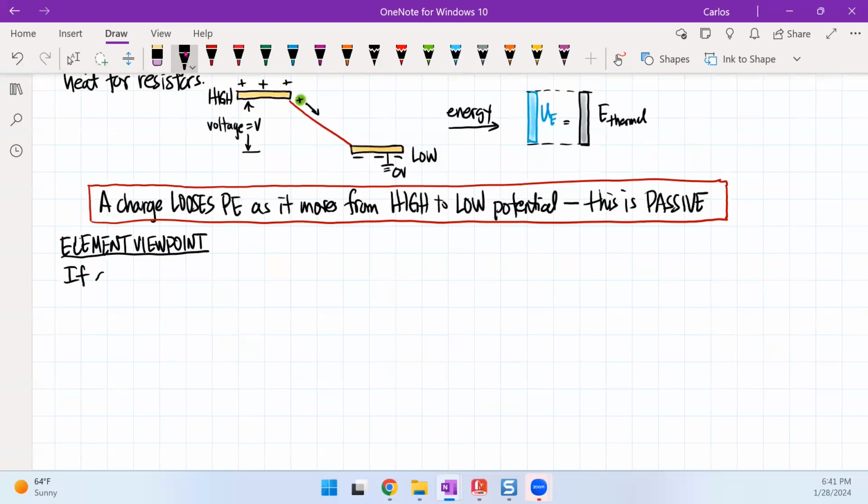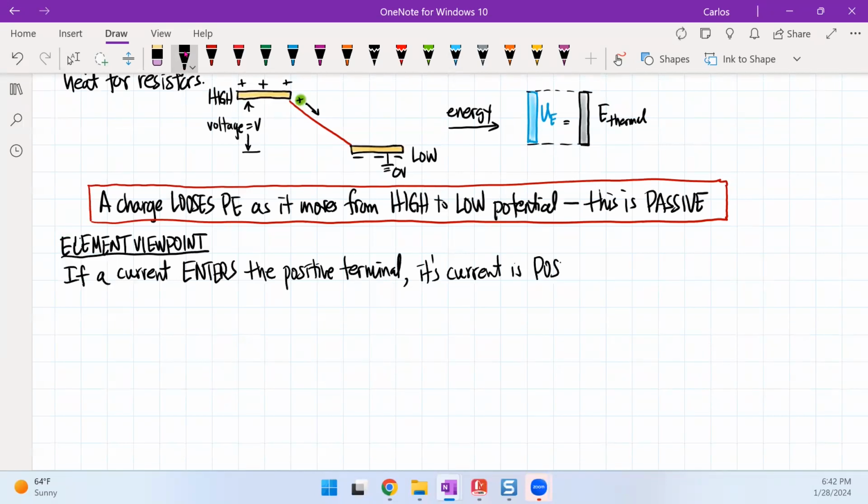If a current enters the positive terminal, its current is positive.